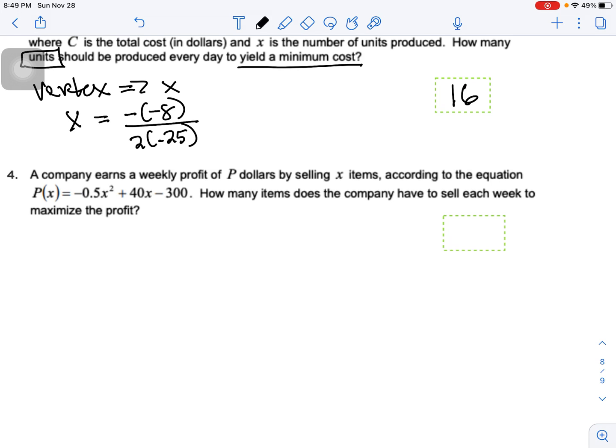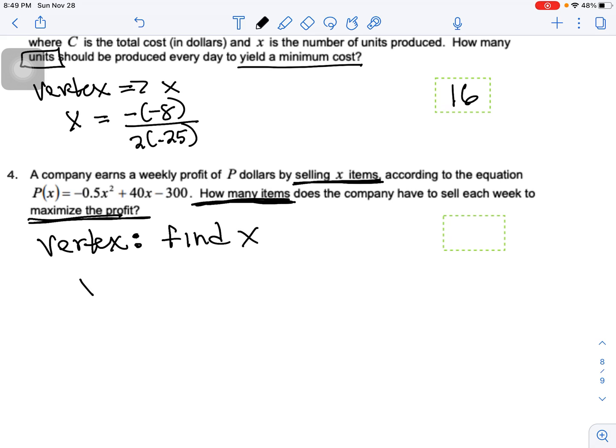And then our last one, again, we're already in standard form. Company earns profit, so P stands for profit. We're selling X items. How many items? Always look for the question. Does the company have to sell to maximize? Whenever you see maximize or minimize or max or min, you're looking for the vertex, and we want to find X. So X equals the opposite of B over 2A.